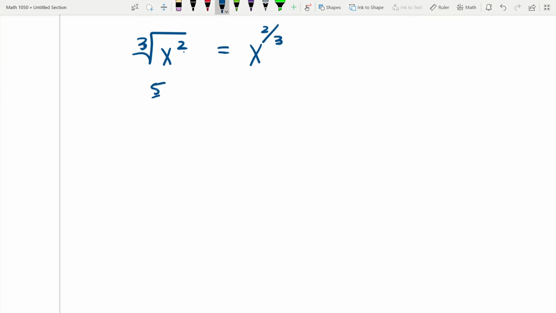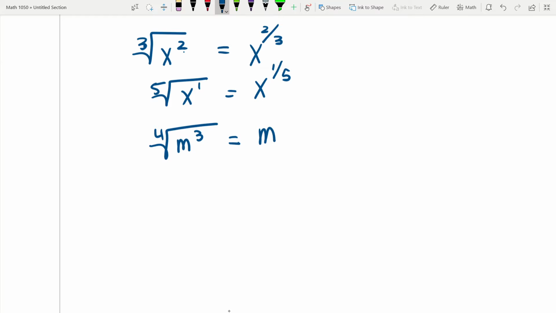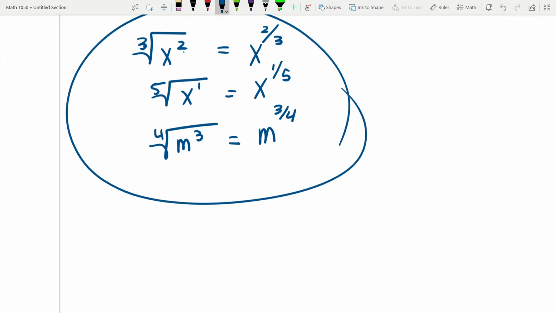Let's do another one. What if you have the 5th root of x? That's the same thing as x to the 1 over the little number 5. Let's do one more. The 4th root of m to the 3rd. That's the same thing as m to the 3 over 4. I feel like some of you better write that down.